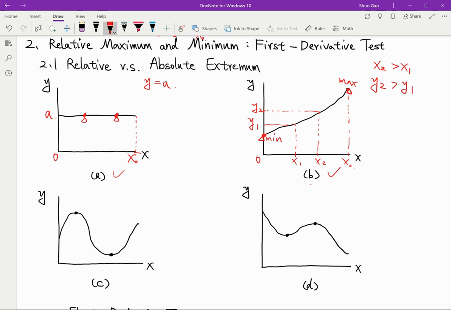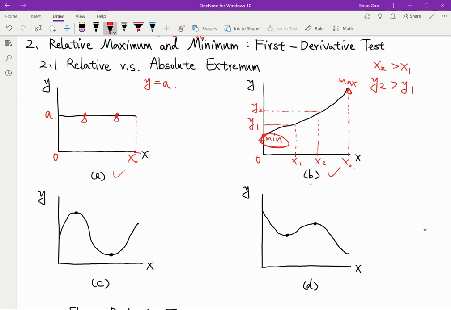So the absolute extreme means the maximum or the minimum value in the entire domain. Here, this minimum is called the absolute minimum because it's the minimum point in the domain from 0 to x0.